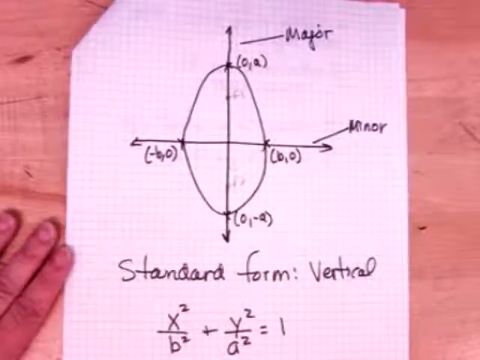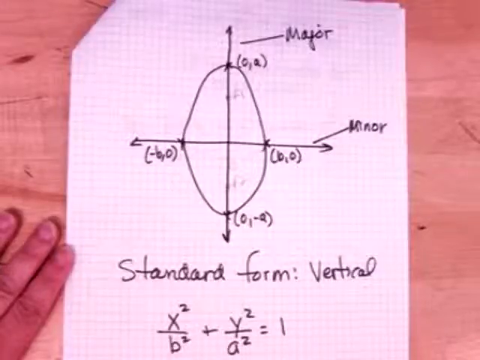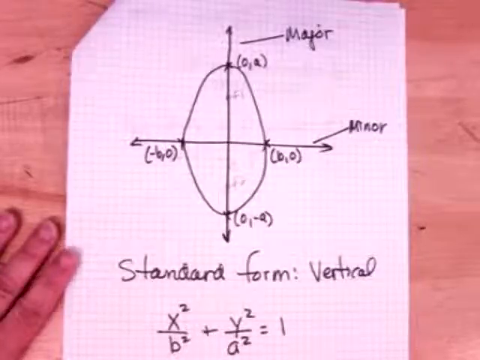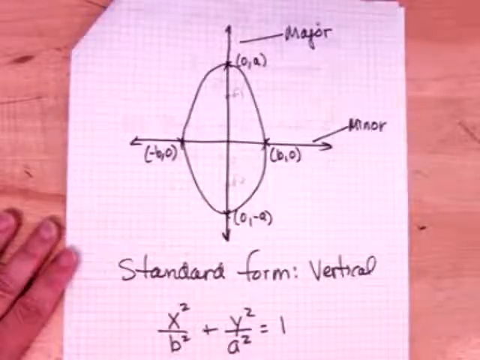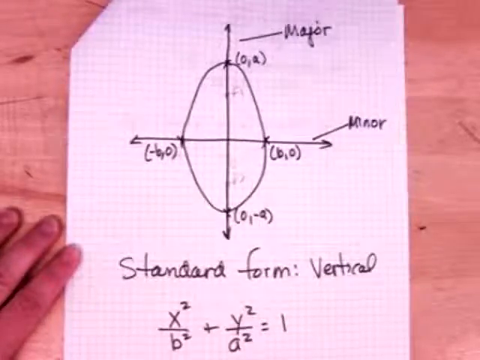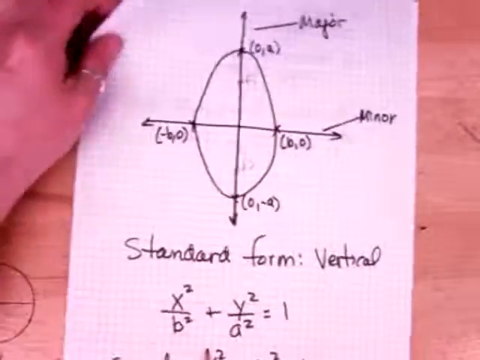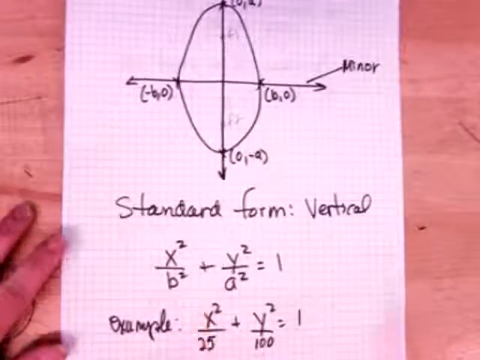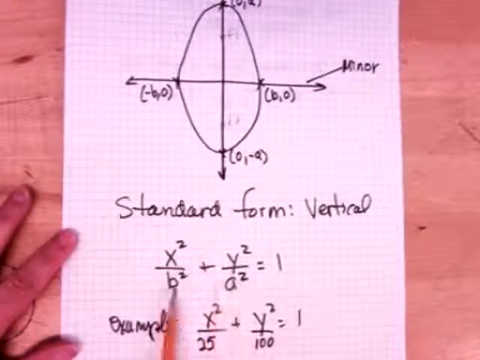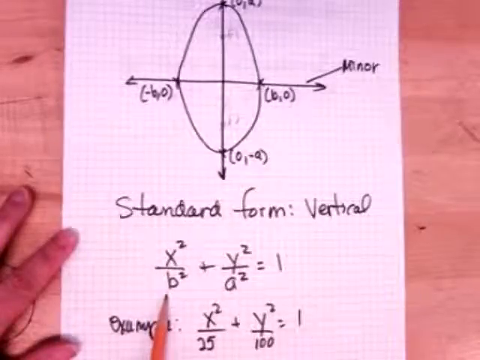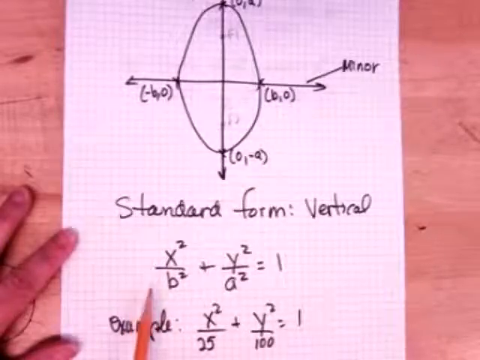I showed you previously the standard form for ellipses that were horizontal. Here's the standard form for ellipses that are vertical, and it's slightly different. In the horizontal one, it was x squared over a squared. Now it's x squared over b squared.